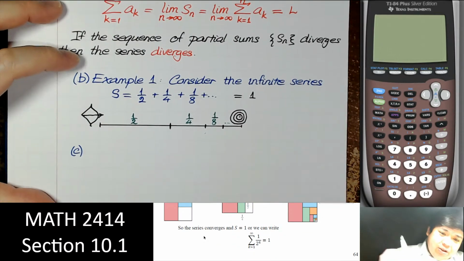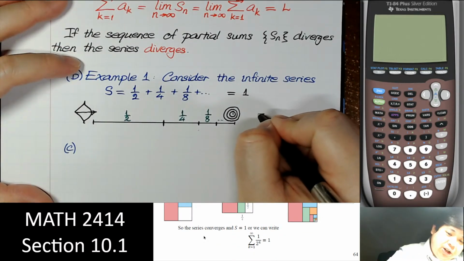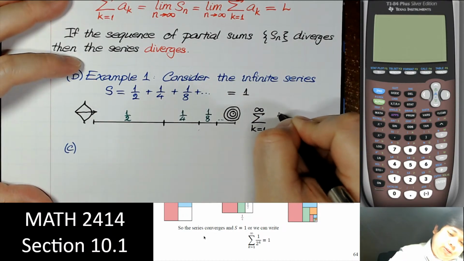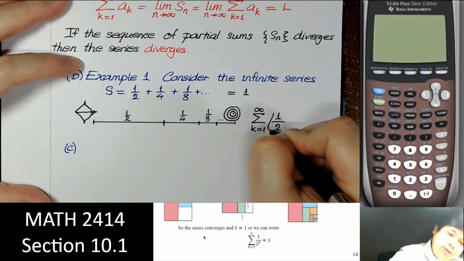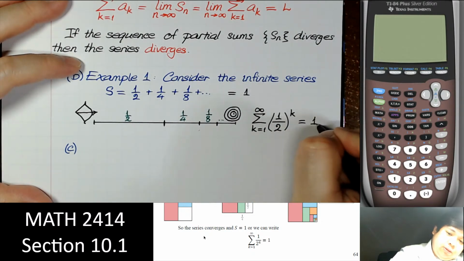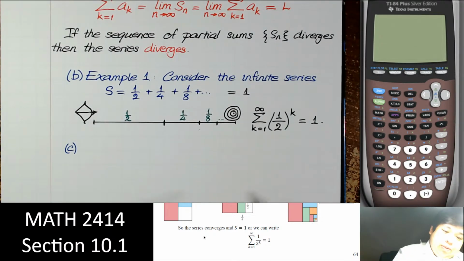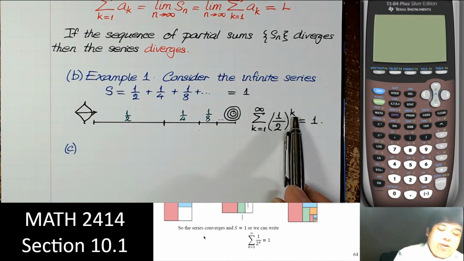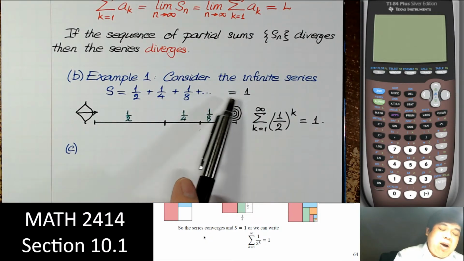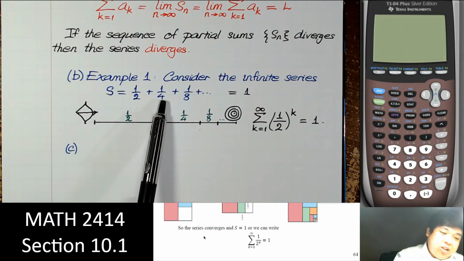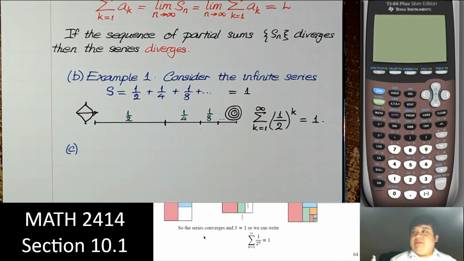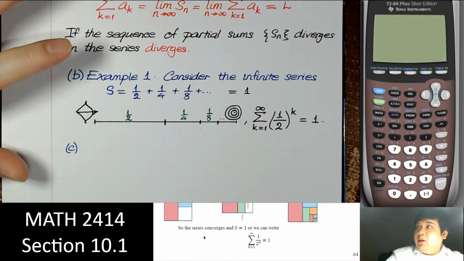Or if we want to write it in terms of the summation, the summation of 1/2 to the k power, because essentially we have 1/2 to the first, 1/2 to the second, 1/2 to the third, and so on. Add all of them up, we have 1.